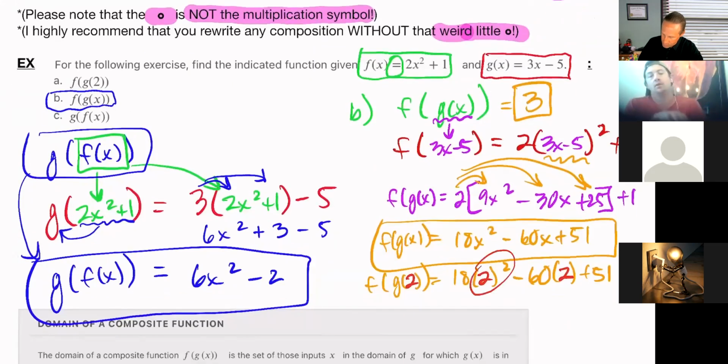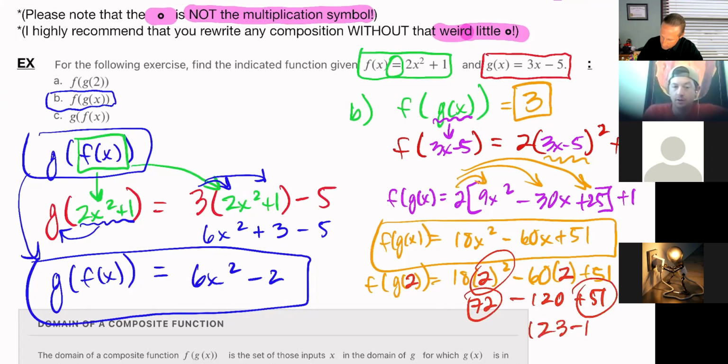So careful: 2 squared is 4, times 18 is 72, minus 120 plus 51. 51 and 72 is 123, minus 120. There's your 3. Math is pretty cool because there's not just one way to do it.